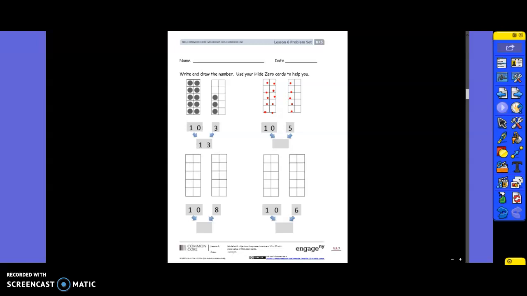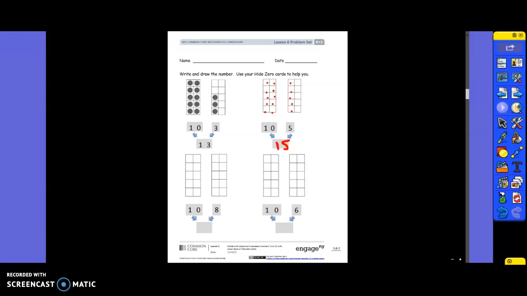We know that 10, 5 is really the number, you got it, 15. 10, 5, 15. So your job is to look at your numbers the Say 10 way, draw them in your 10 frame, and then you're going to write the number the regular way.